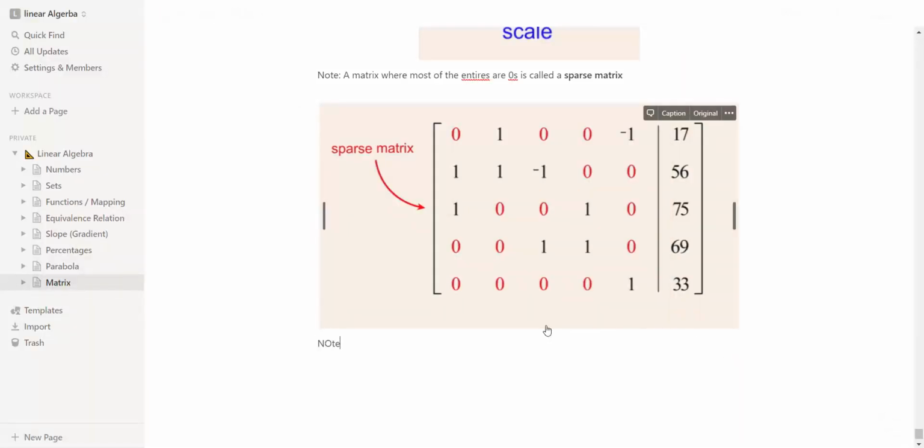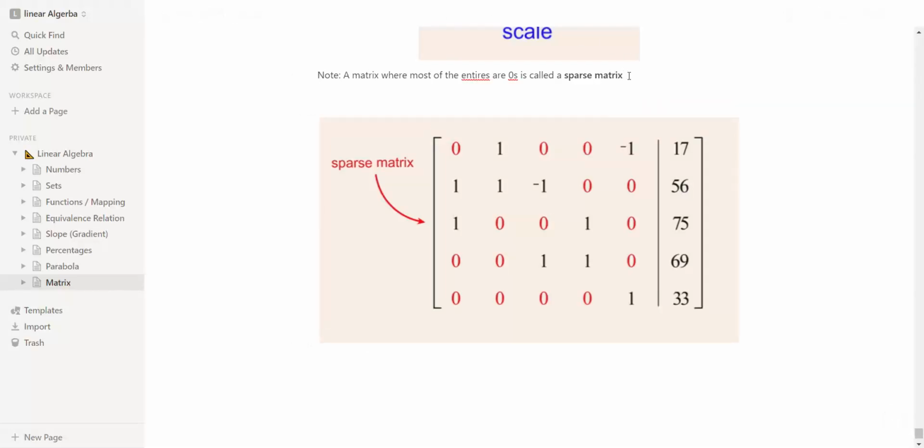Should add this note too as well. Just echelon form, if and only if it is at the very bottom.